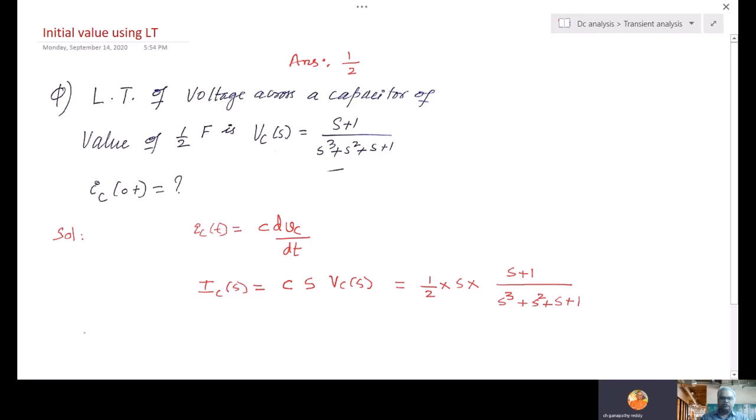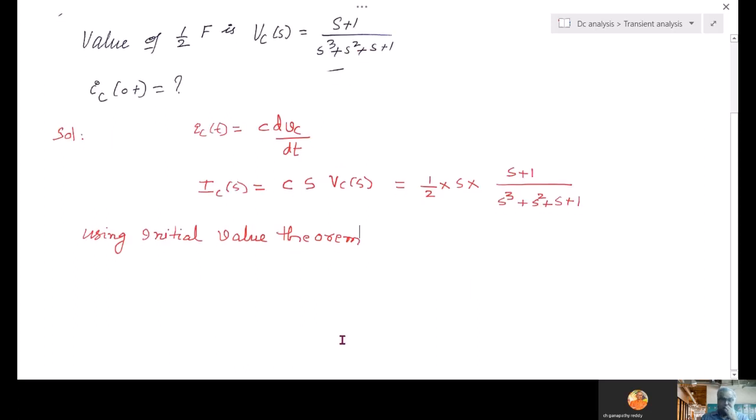Now, using initial value theorem. What is that theorem? F of 0 is equal to limit s tends to infinite s into F of s.